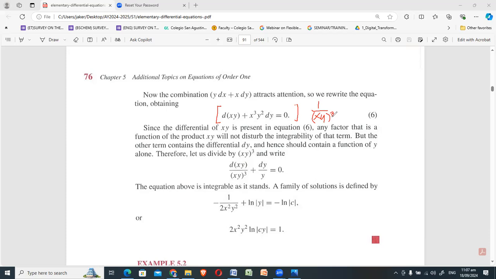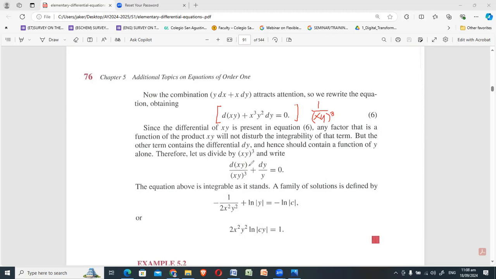A big question mark: why? I want x cubed to be gone, but at the same time, I want this one integrable. So if you notice, multiplying by 1 over xy raised to 3 gives you this DE.